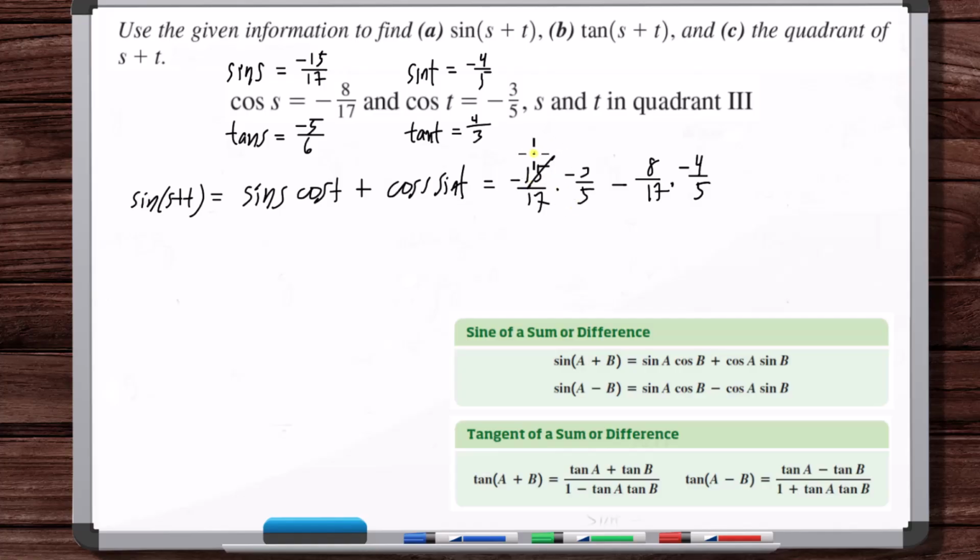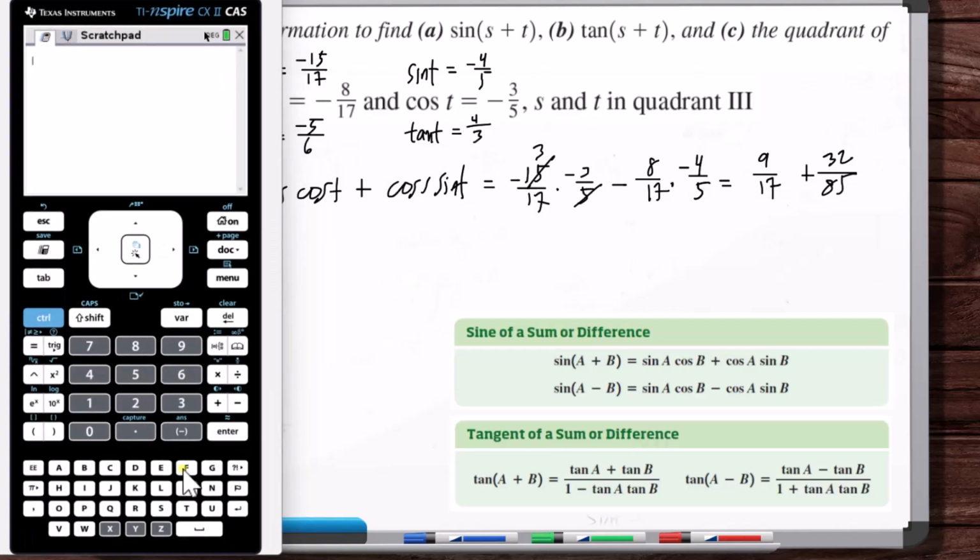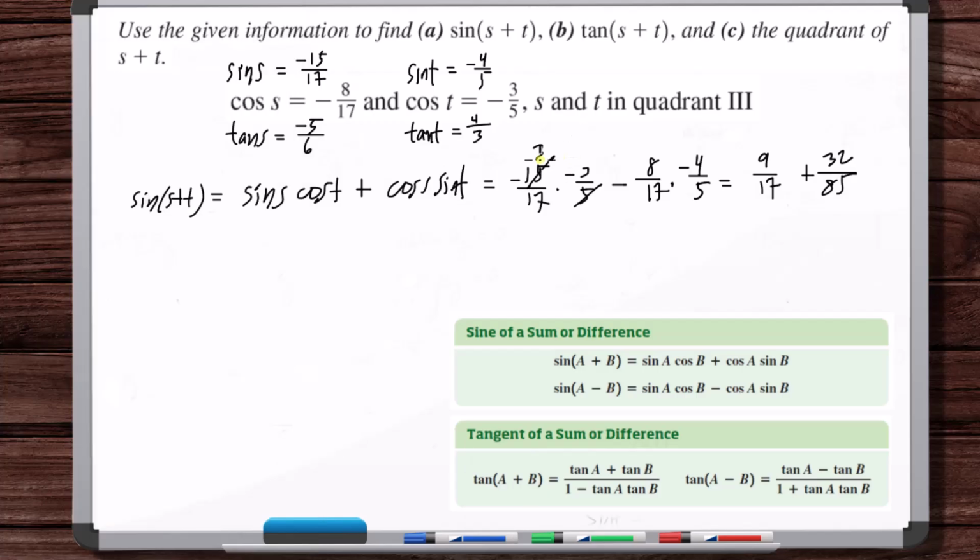Okay, so 15 divided by 5 is 3. All right, so let's see, that would be 9 over 17 and then plus 32 over 85. So 77 over 85. So sine of s plus t is 77 over 85.